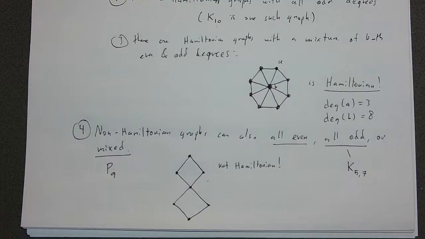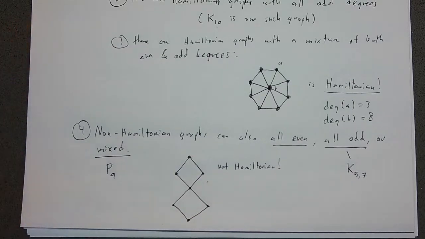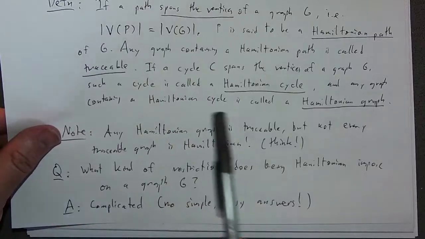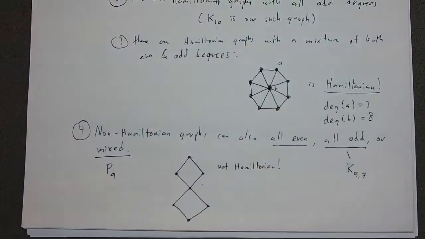And you might say, why is the path on 9 vertices non-Hamiltonian? But you're forgetting, the requirement to be Hamiltonian is not to contain a Hamiltonian path. It's to contain a Hamiltonian cycle. Right? Containing a Hamiltonian cycle is the thing here.